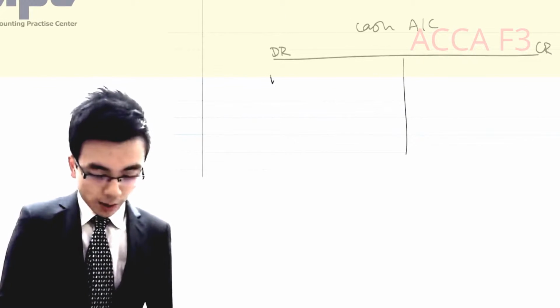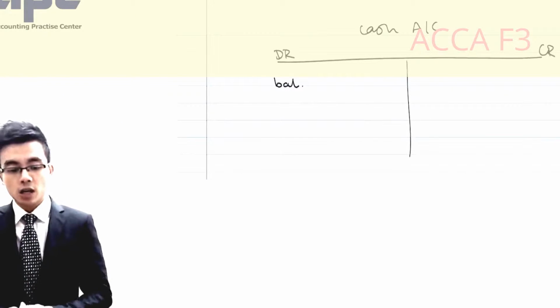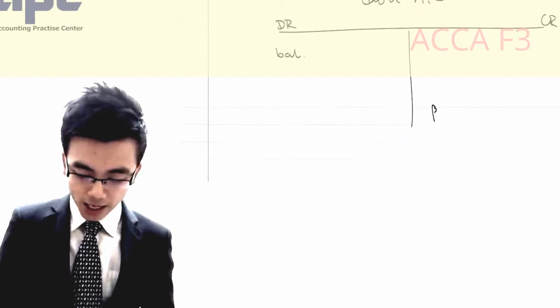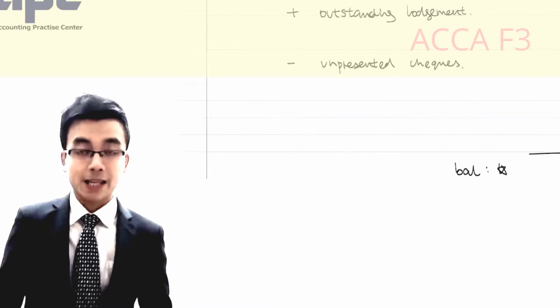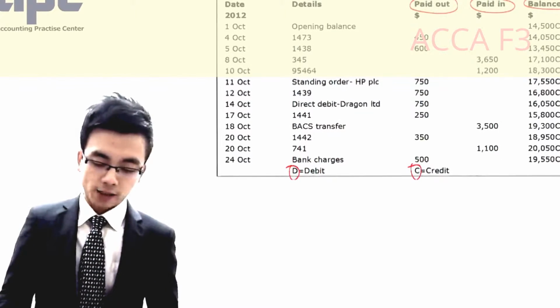Firstly we got the balance that is not adjusted, and after doing those reconciliations we end up with the carry forward balances. For example, that amount should be the same as the amount within the bank reconciliation statement here.